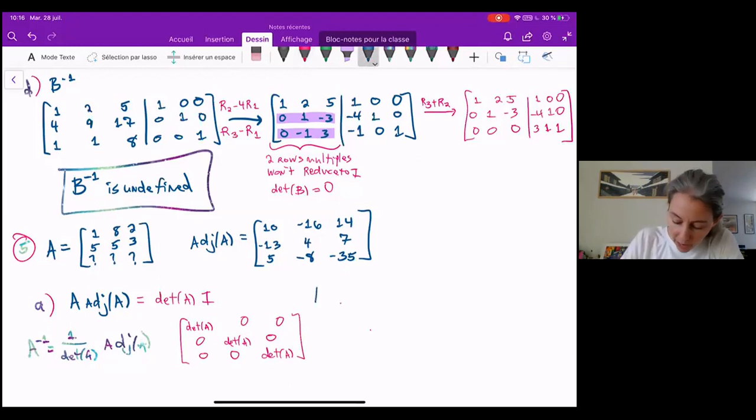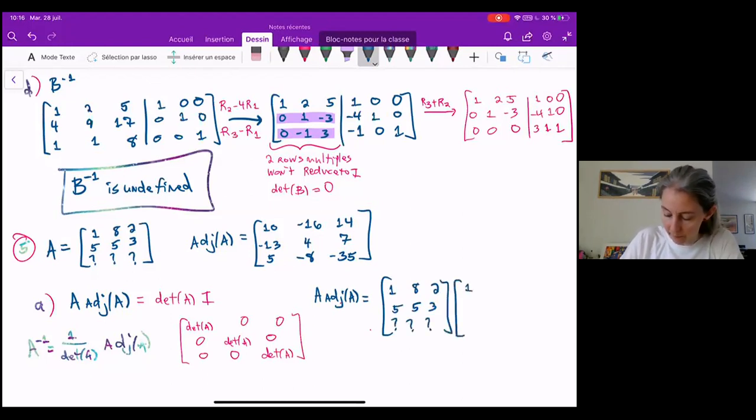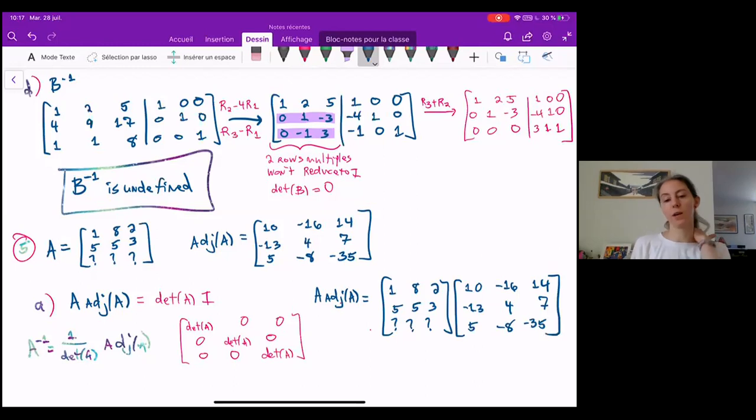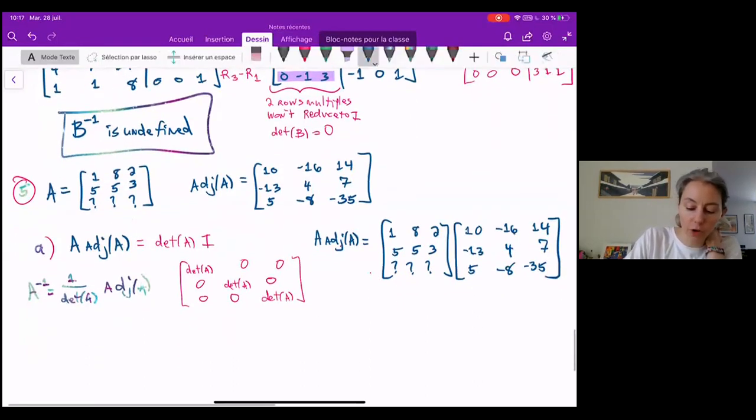So I can say A times the adjoint of A is equal to 1, 8, 2, 5, 5, 3, question mark, question mark, question mark. And it doesn't matter that I don't know what those question marks are, because when I multiply these together, I just have to do the first row times the first column.